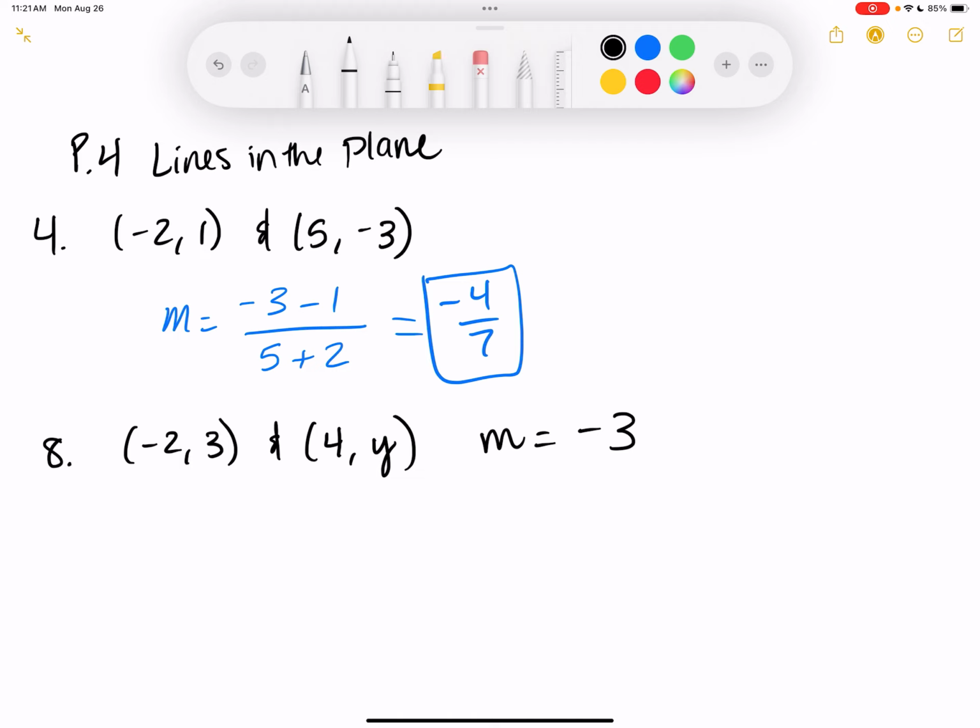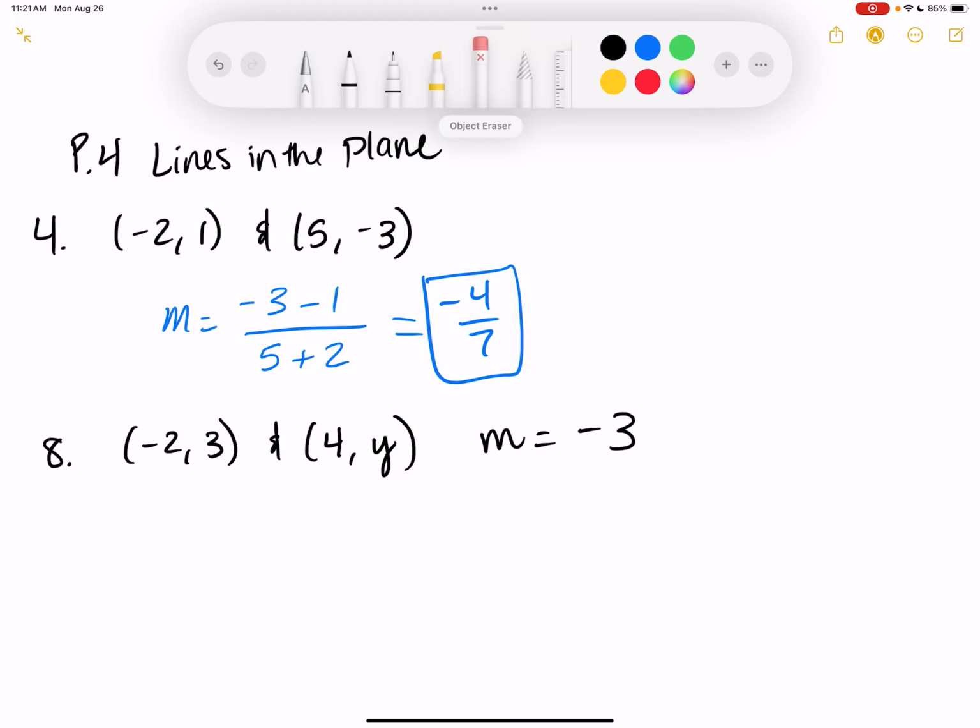You just plug it in with y. 3 minus y. Like it'd be -3 equals. What if you did -2 minus 4 over 3 minus 1?